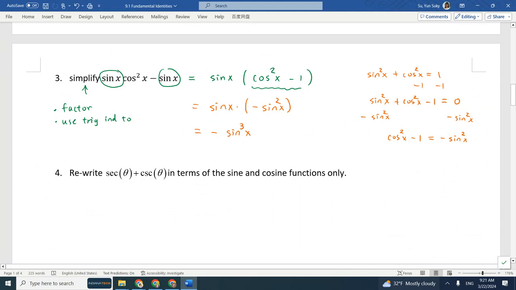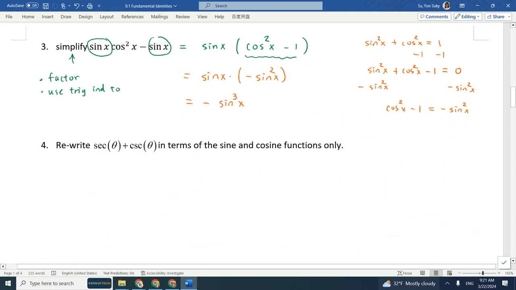All right. So this is number 3. Number 4: rewrite secant plus cosecant in terms of the sine and cosine functions only. Usually people want to express the trig expression in terms of sine and cosine because we're more familiar with them. Last time we said all 6 trig functions can be expressed in terms of sine and cosine.